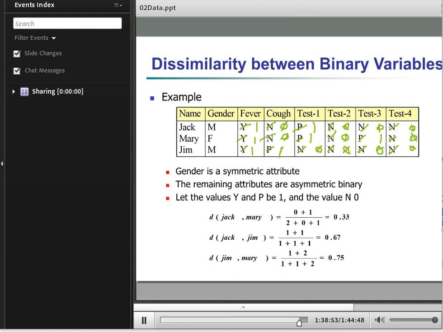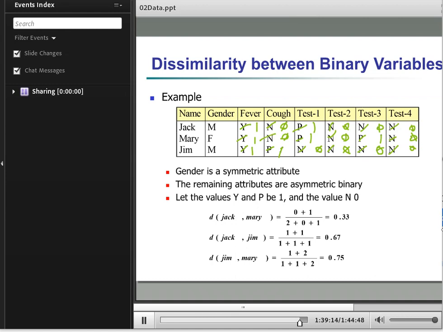But when we are talking about the result of health tests, the result is not symmetric. It's asymmetric. It means that in most cases, the tests are negative.